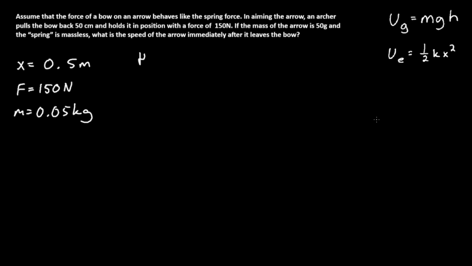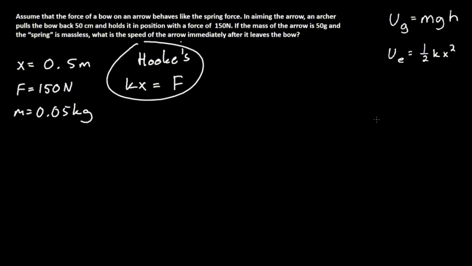Well, using Hooke's law, as I showed at the beginning of the video, your spring constant times your spring stretch x, or displacement of your spring, is equal to the force. And right now this is perfect because we don't have our spring constant. It's not given in this problem. A lot of times it will be given, but you can use this to solve for it.